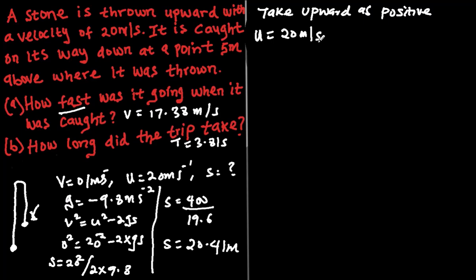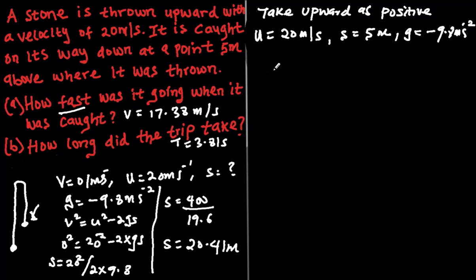Now, it was caught on its way down at a point 5 meters. Okay, so the displacement is 5 meters. All right. Then now G is negative because our G is going to be going downward. That would be negative 9.8 meters per second squared.